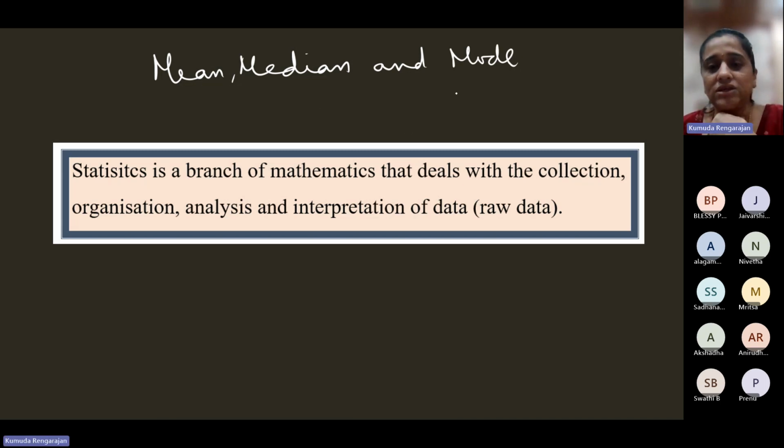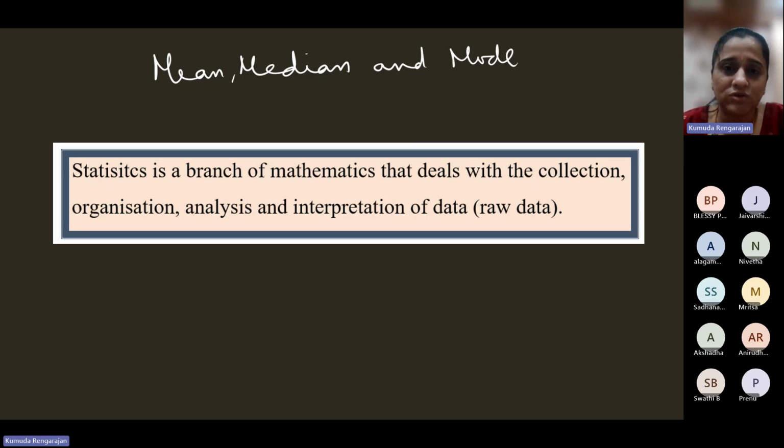Now, these are the 3 methods adopted by a statistician to analyze the data. He might use all the 3 or one of the 3 or 2 of the 3. That depends again on the nature of the data collected. Sometimes you have to use the median, sometimes only mode, or sometimes mean.